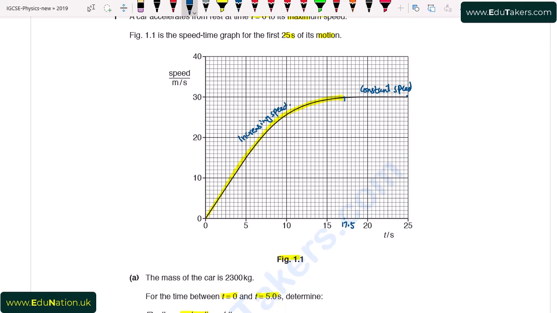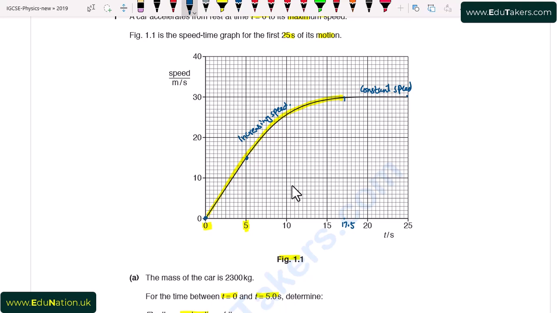So in part 1, we have to find out the acceleration from 0 to 5 seconds. First of all, 0 seconds is at this point and 5 seconds is at this point. This point is the locus of time and speed values, and this is the second point.